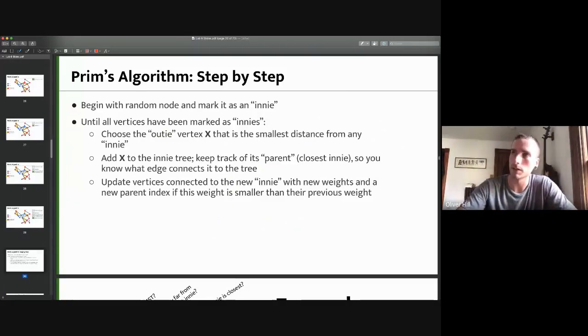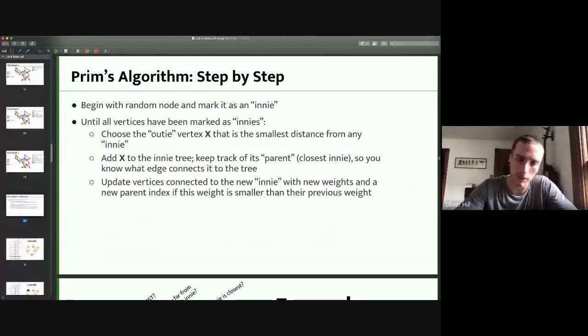Until all the vertices have been marked as inside the partial MST, we're going to choose the vertex X that is not part of the MST and has the smallest distance from any vertex that is inside the MST. We'll add X to our MST. We're going to keep track of its parent so that we know what edge connects it to the tree. And then we're going to update the weights to any vertex that it's connected to.